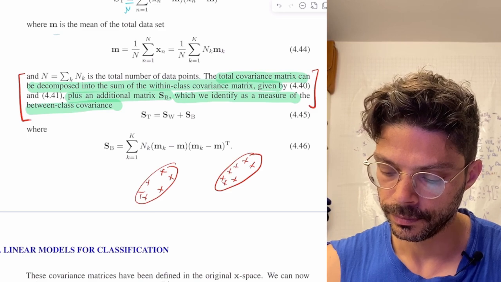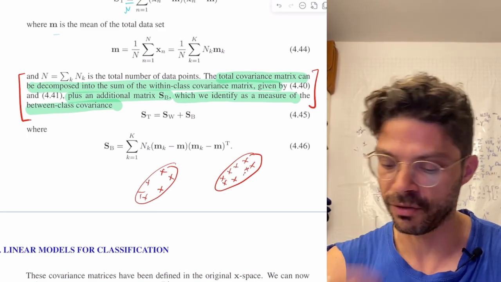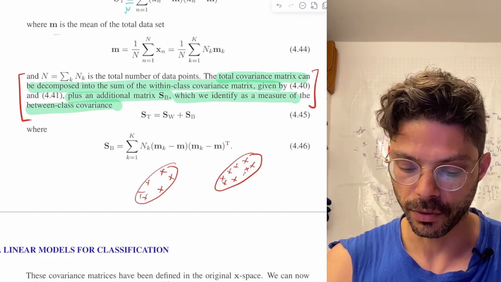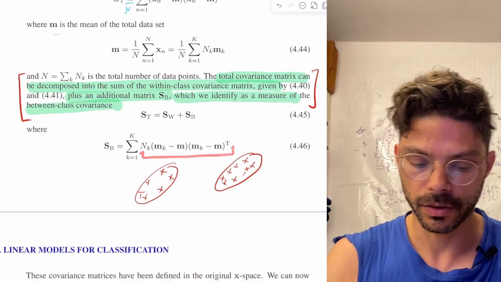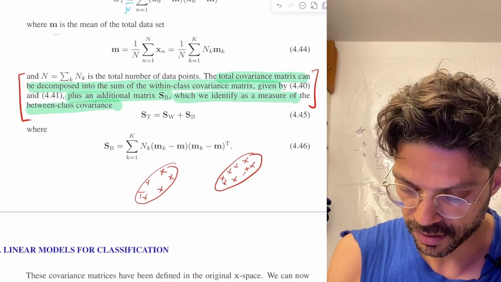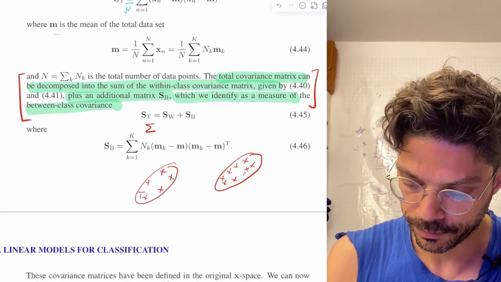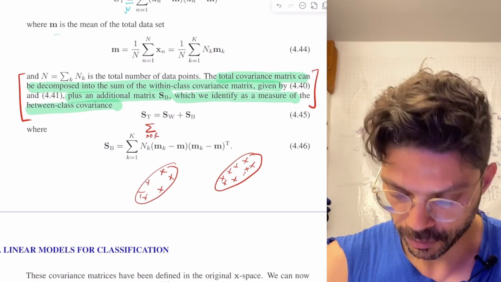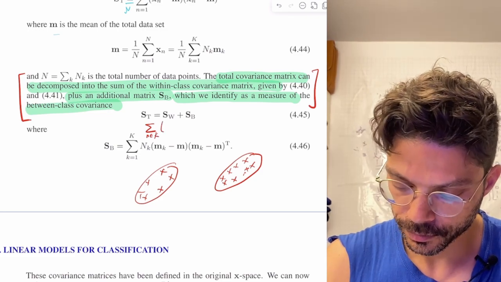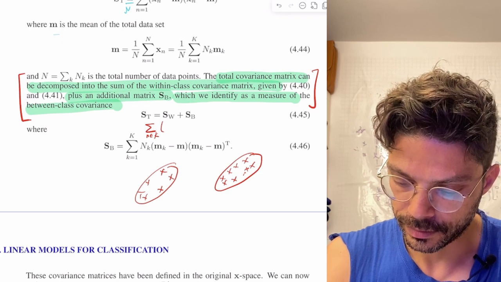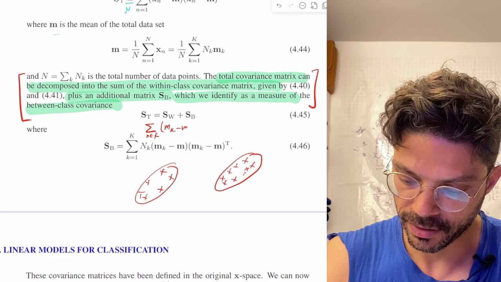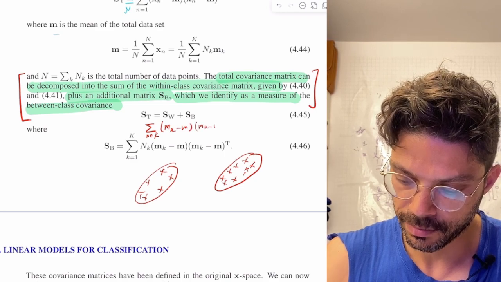One way you could view this quantity here is, you could just write this as the sum over n belonging to capital K of mk minus m times mk minus m.